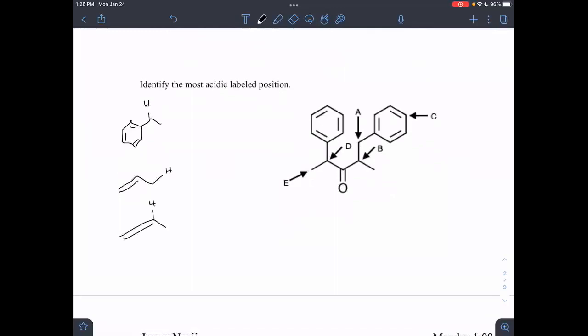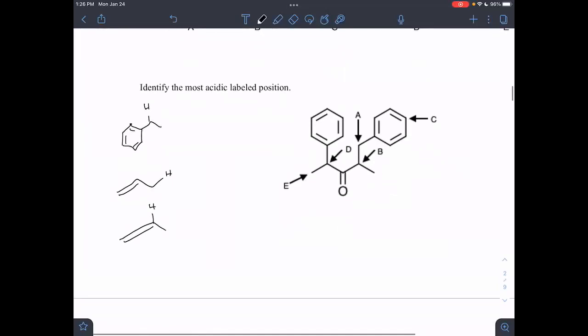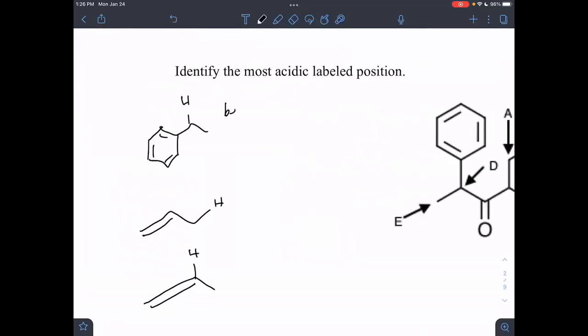So the first one, anyone remember what that's called? Yep. And do we think this is an acidic position for a hydrogen or not? Yes, because the conjugate base of that is going to have a ton of good resonance with the benzene.